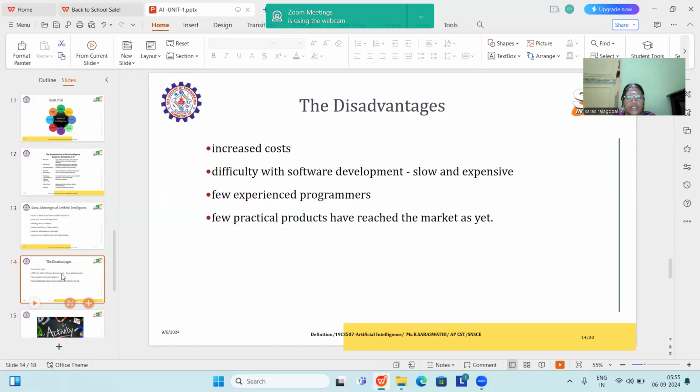It contains only a few experienced programmers. The cost will be very high. It is difficult to develop the software. The software may be slower and very expensive. Only a few practical products have reached the market as yet, according to the cost and development process.